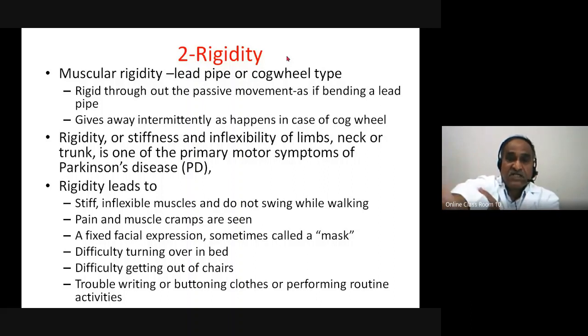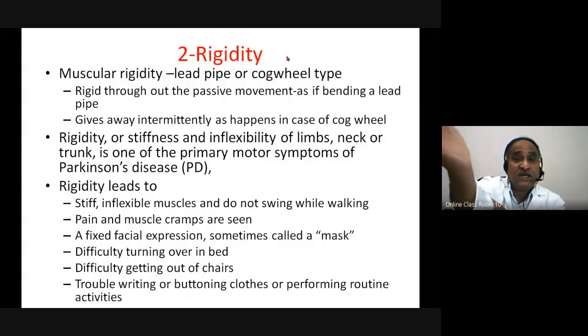When you try to flex or bend it, you cannot; it appears like a lead pipe. Or sometimes it may give way, but not like the clasp-knife rigidity that happens in spasticity. Here it gives way in a stepwise manner: cogwheel rigidity.